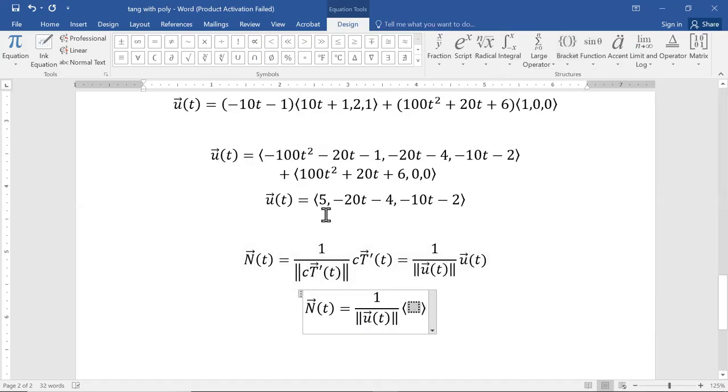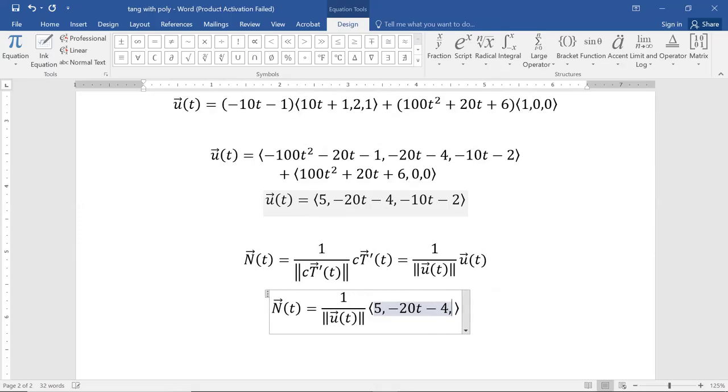So the vector I'm going to use is my u that I found. That's in the same direction as t prime. That's going to be 5, comma, negative 20t minus 4, comma, negative 10t minus 2.